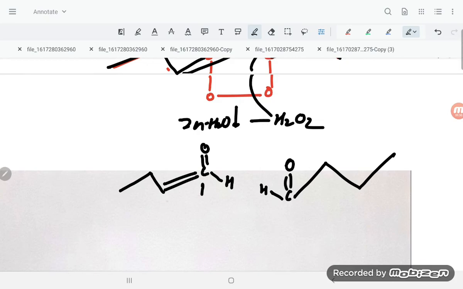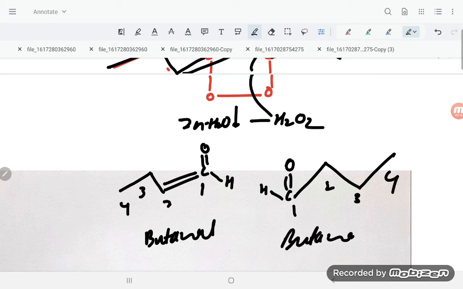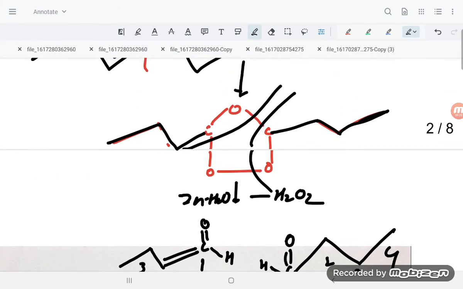So if you are numbering 1 2 3 4, that is butanal, this is also butanal, 1 2 3 4. So again, this will be the butanal, okay. So this is our required answer, dear students. That is all about this problem, students.